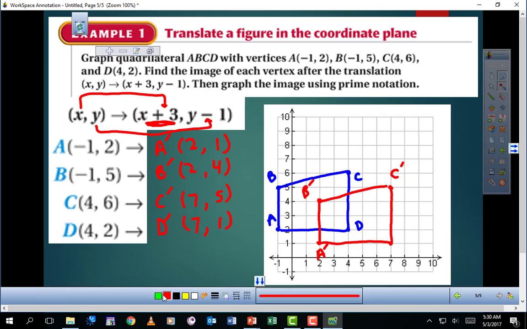And so you can kind of see that this whole object as a whole moved over 3 and then down 1. Over 3 and down 1. Fascinating stuff. And this is what happens in video games, actually. Your video game has to keep track of your position.